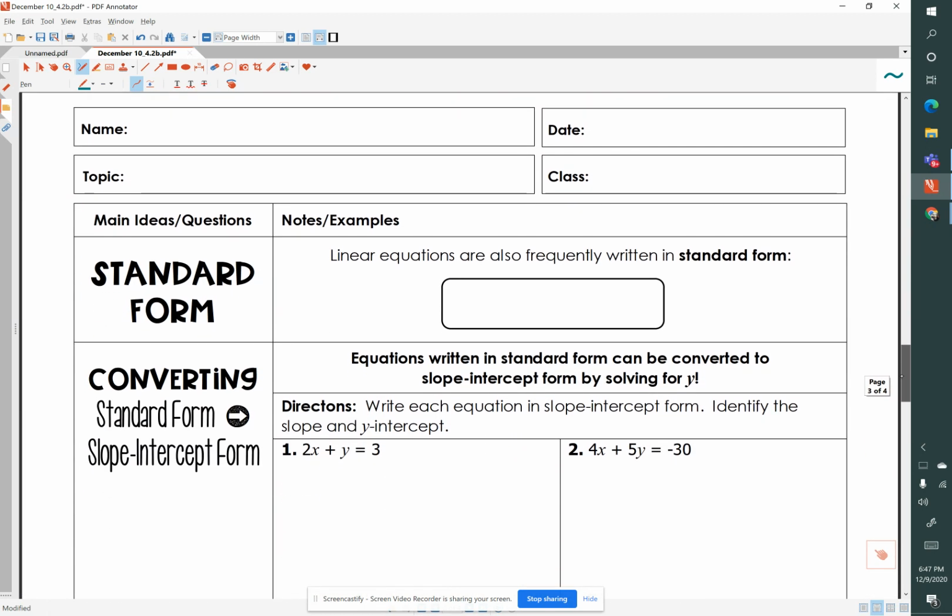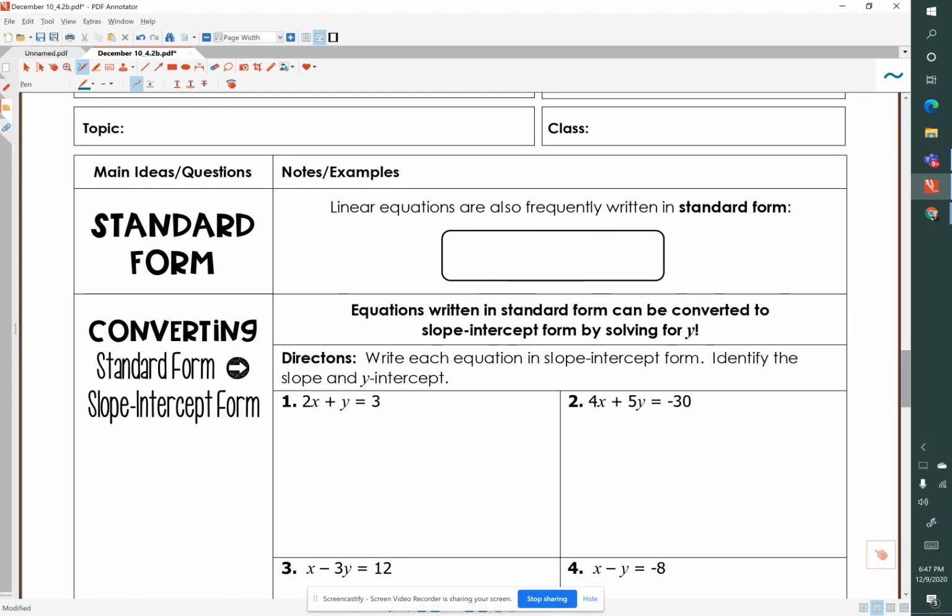So here we go. Remember, our topic today is to learn the standard form of a linear equation. Linear equations are also, besides slope-intercept form, written in standard form.